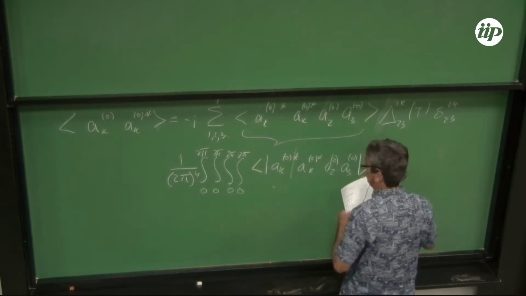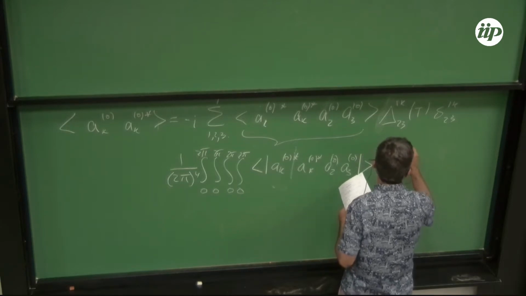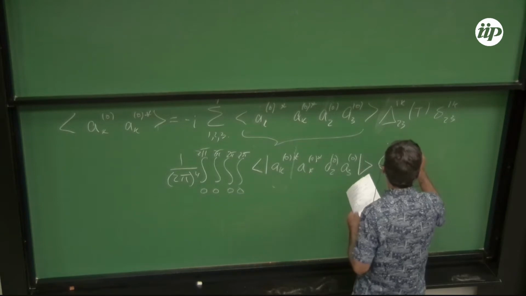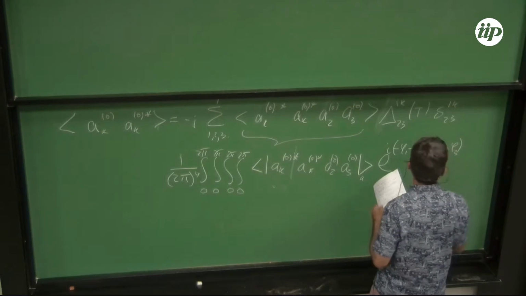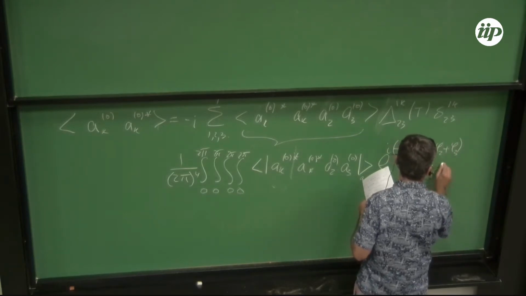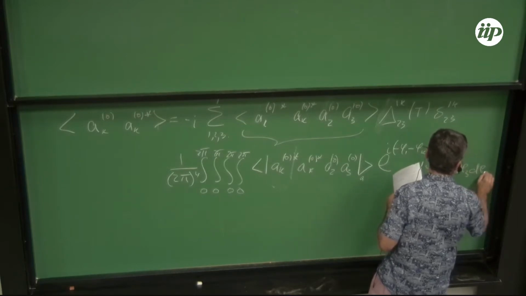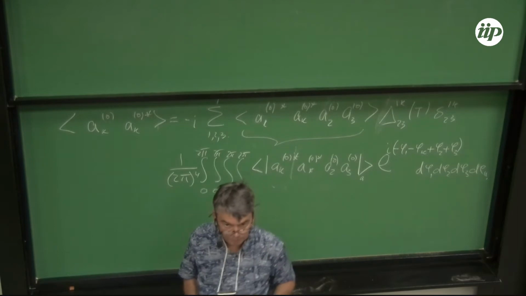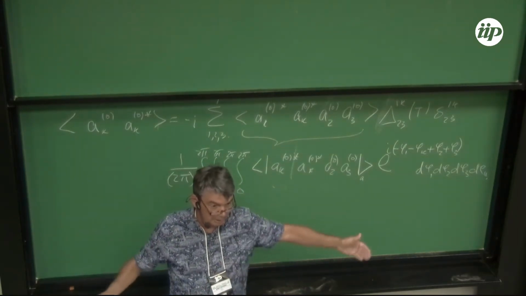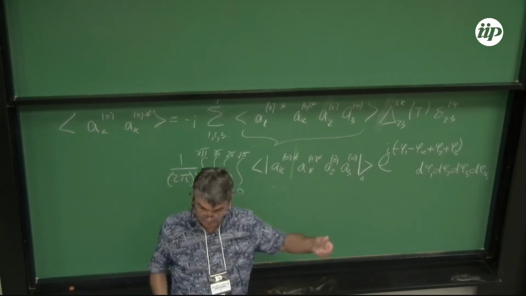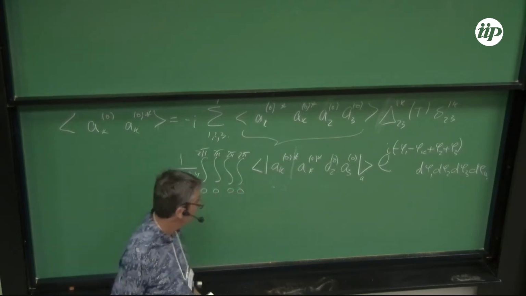So I write the integral of exponent of minus phi 1 minus phi k plus phi 2 plus phi 3, d phi 1 d phi 2 d phi 3 d phi 4, right? Because phase is uniformly distributed, I just integrate over phase and divide by the total phase range, 2 pi, for each of the 4 phases.